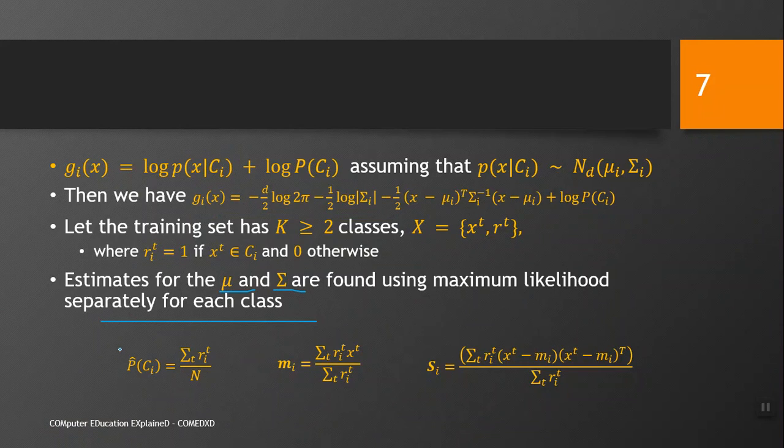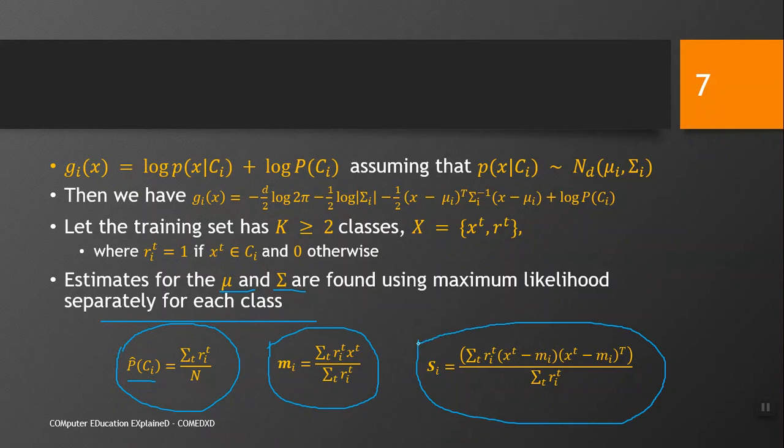For example, for C_i, we have this expression that gives us the probability of that class, the sample mean is given with the help of this formula, and the estimate for the variance is given with the help of this formula.